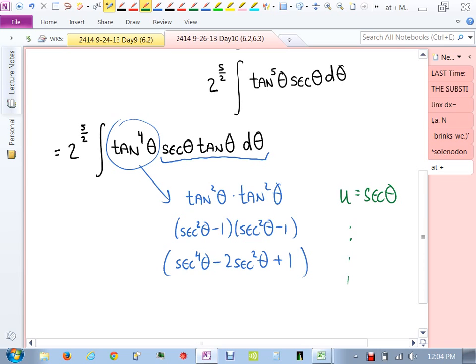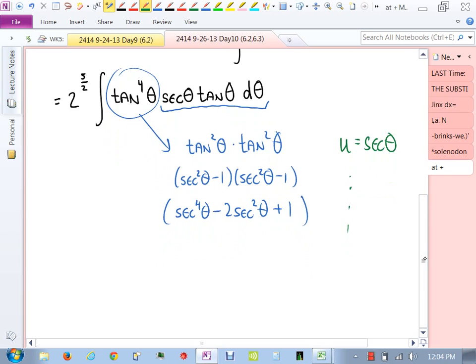What I will do is give you the final answer, even after you do your trig sub back to x. Here's the final answer on this one. Which one was this? 1/15 square root of x squared plus 2 times 3x to the 4th minus 8x squared plus 32 plus c.